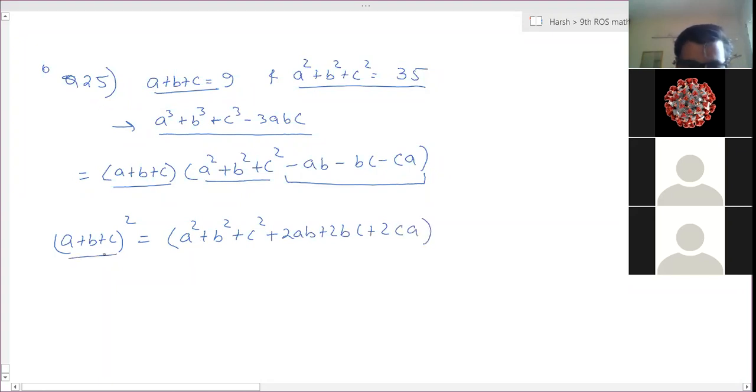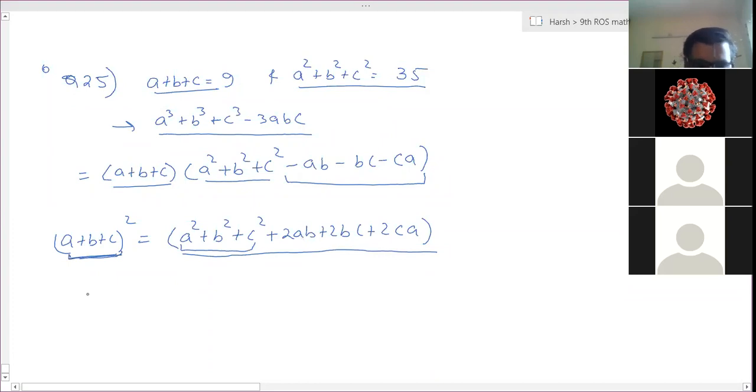So this is the formula where AB, BC and CA were present, and here also we have to find something like that. If we do A plus B plus C the whole square, we'll get this. And we know this. Can we find the value?